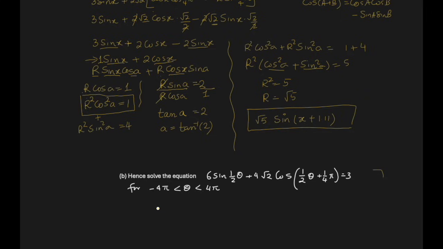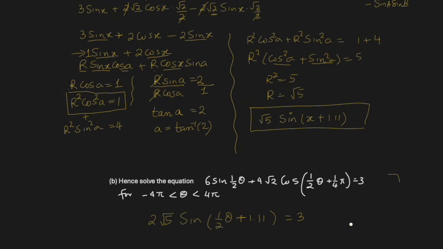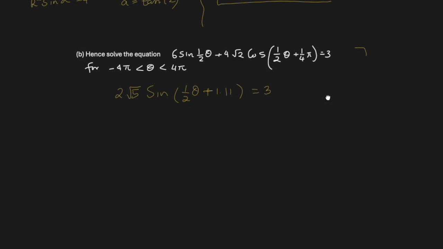So it will be 2 square root 5 sine half theta plus 1.11. This is what we have to solve, which is equal to 3. Right? So let's separate this now.